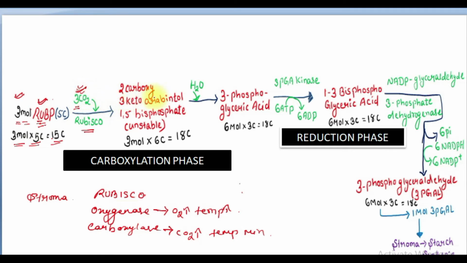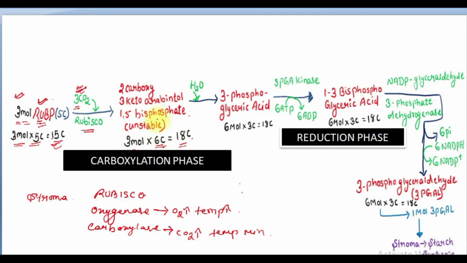We are getting 2-carboxy-3-keto-arabinitol-1,5-bisphosphate, a 6 carbon containing compound. Here we were having 15 carbon from RuBP and 3 carbon from carbon dioxide, so we have here 18 carbon: 3 molecules of 6 carbon containing compound equals 18 carbon.